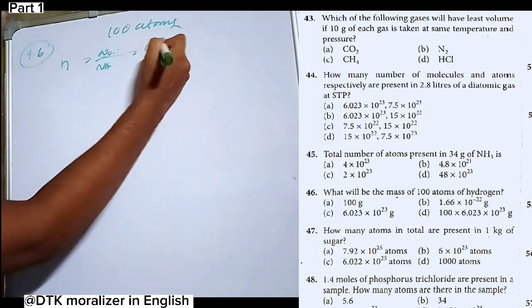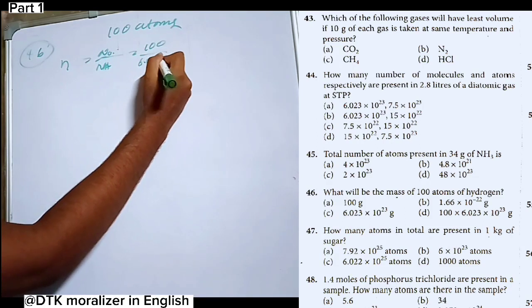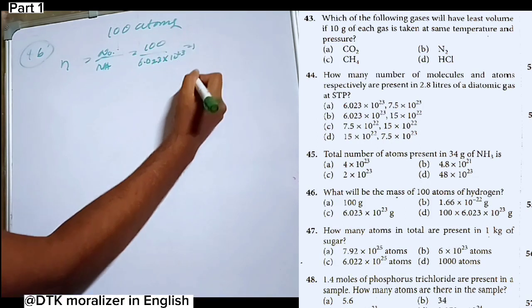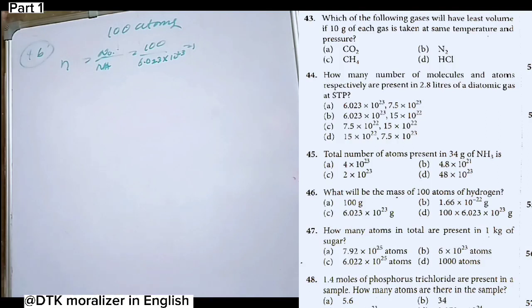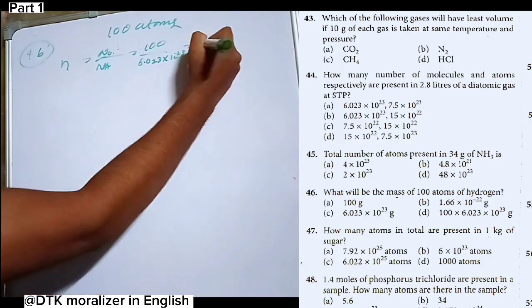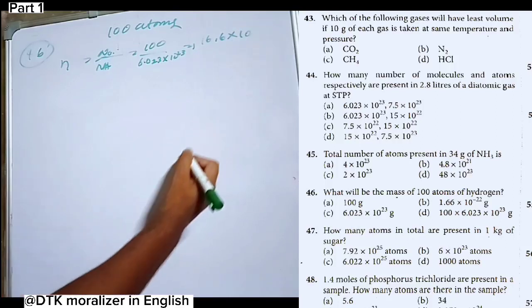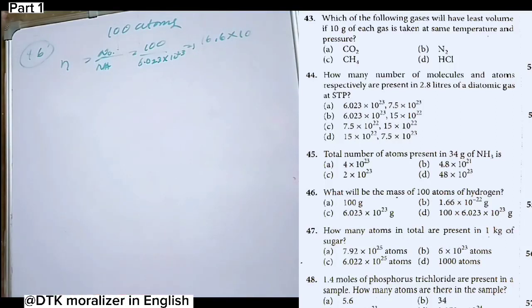Now question number 46. What will be the mass of 100 atoms of hydrogen? So here mole is number of atoms by Na, so 100 by Na.